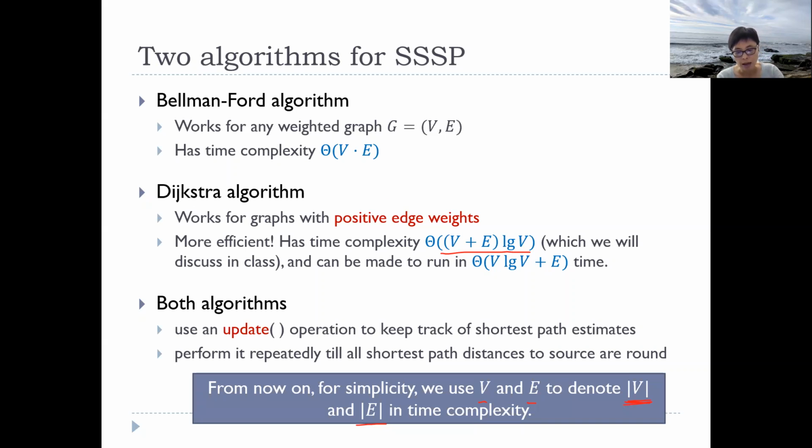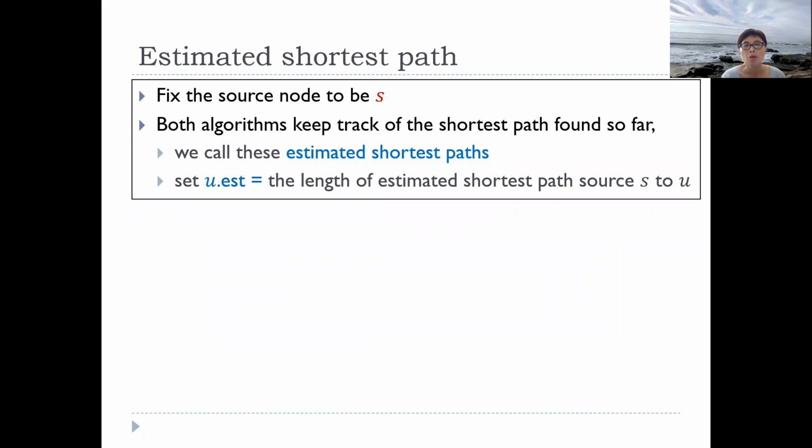As I said, both algorithms are going to try to maintain some estimate of the shortest path. Let's fix our source node to be S. Both algorithms will try to keep track of the shortest path that we found so far.